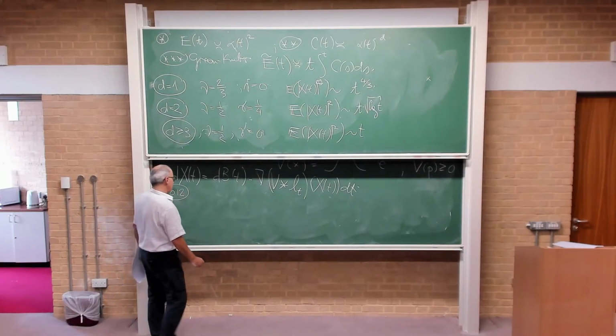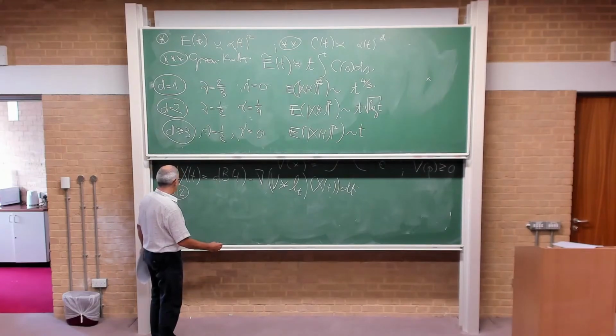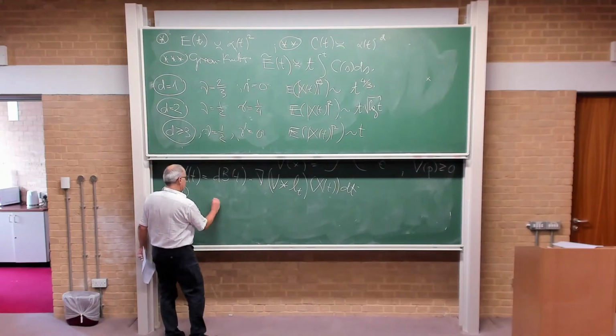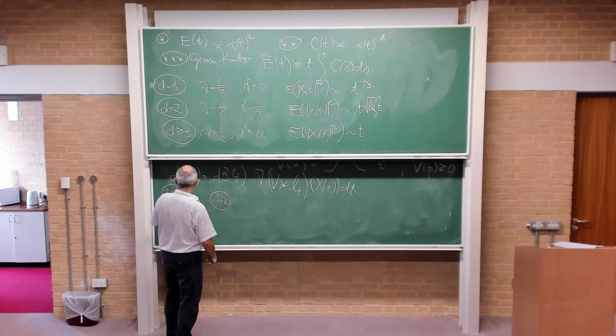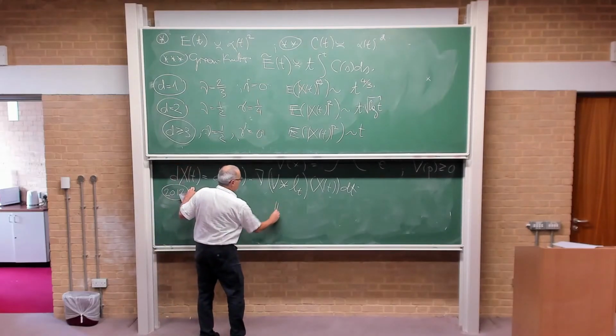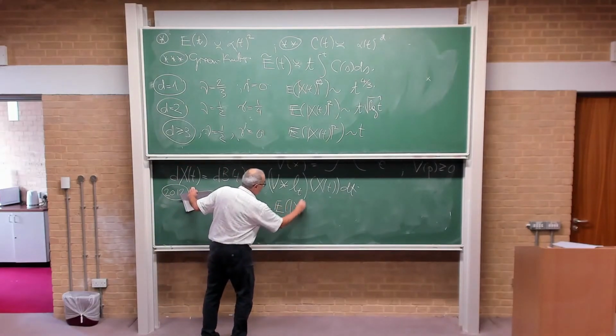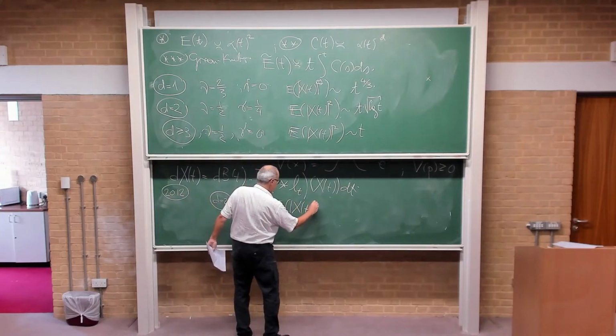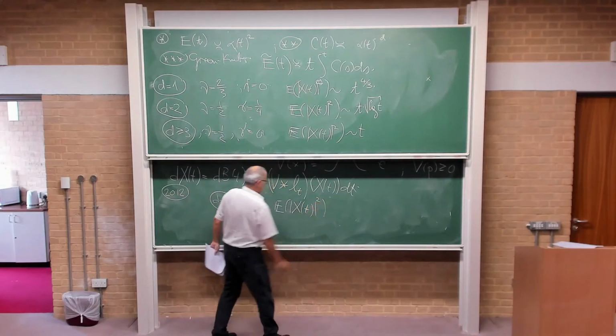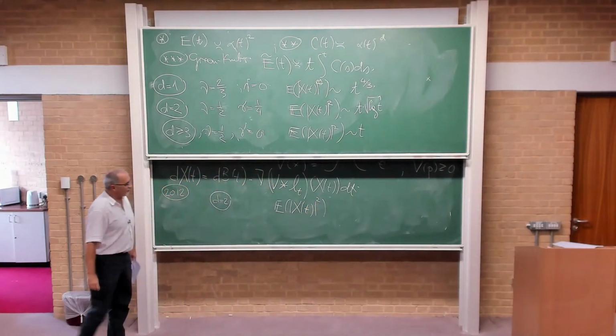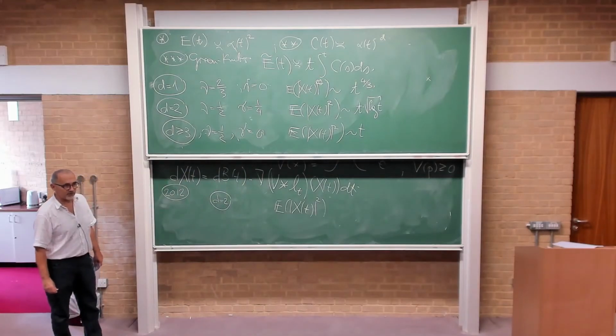Namely, what we could prove was in dimension 2, the super-diffusivity, at least. I expect it to be of order t times square root of log t.